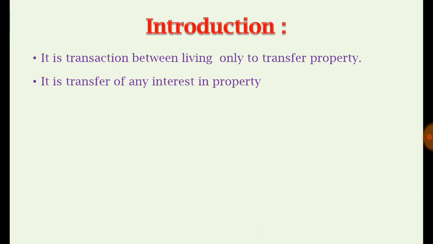The transferor transfers his interest in the property, and that interest goes to the transferee, who is the second party to that transaction. The mode of transfer may be a sale, a mortgage, or a lease. There are different modes provided by the Transfer of Property Act for the transfer of property.